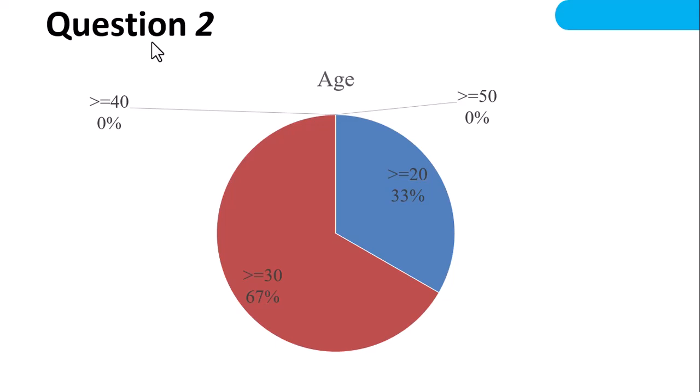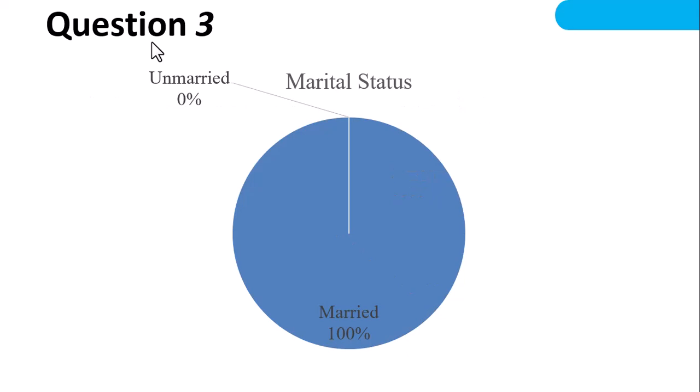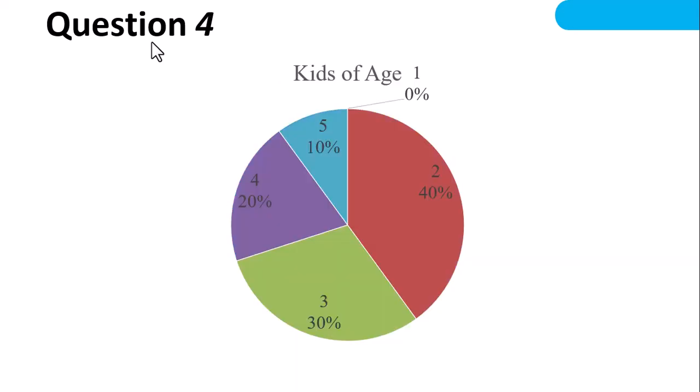Two people are 20 or greater, and four people are 30 years and greater. The marital status of those pupils is 100% married. Question number 4, age of kids.